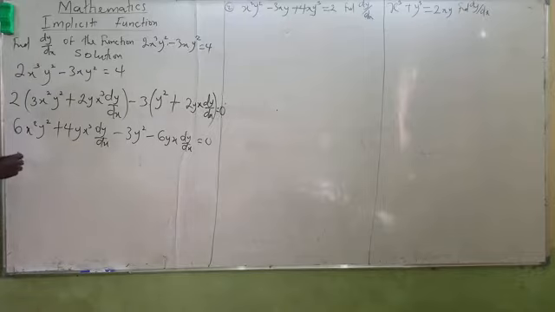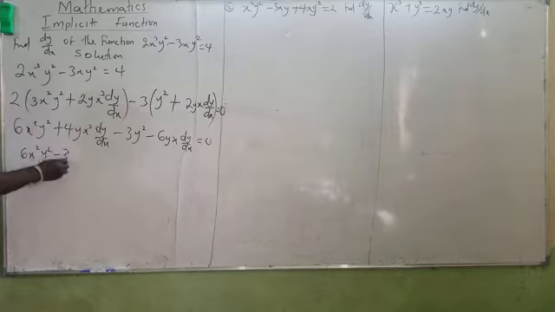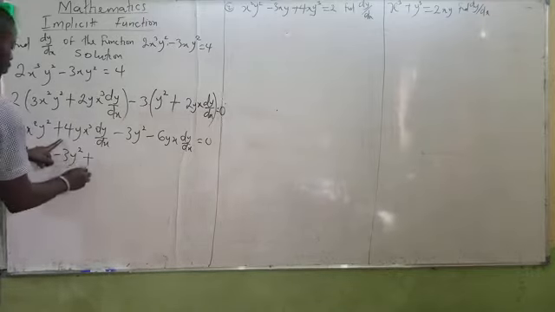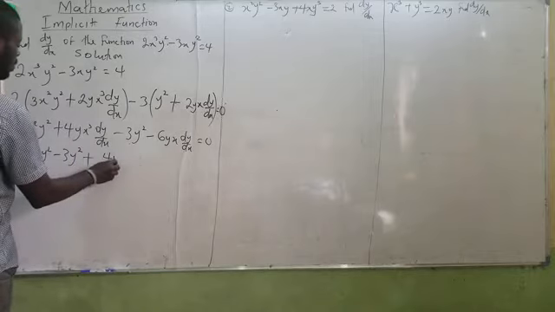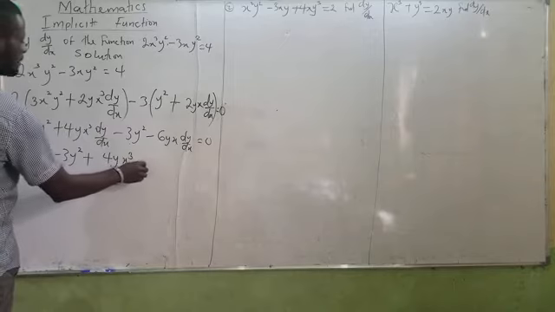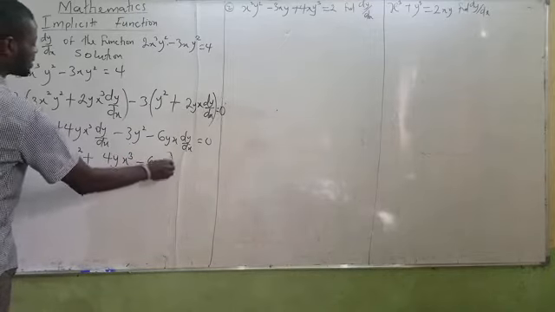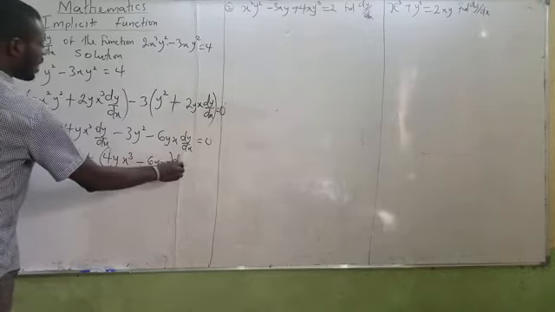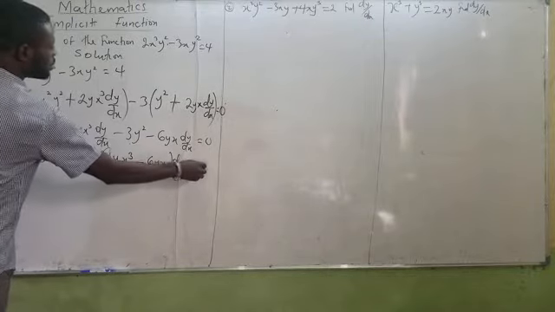Now, I can see that 6x squared y squared minus 3y squared, this and this are friends, and plus 4y x cubed minus 6yx bracket of dy dx equals to 0.